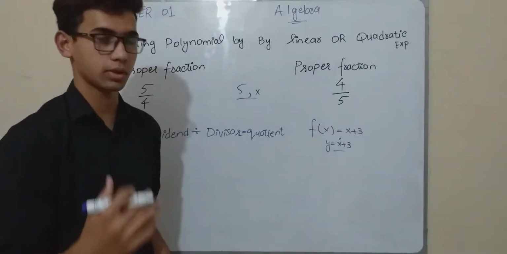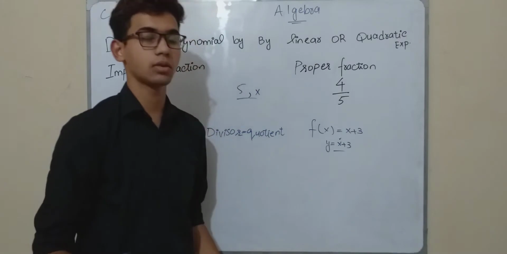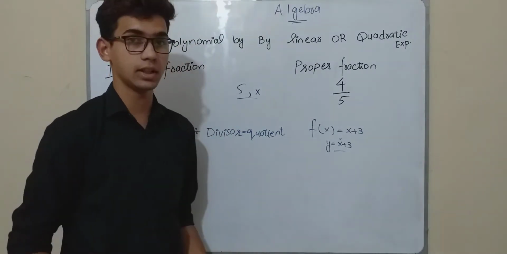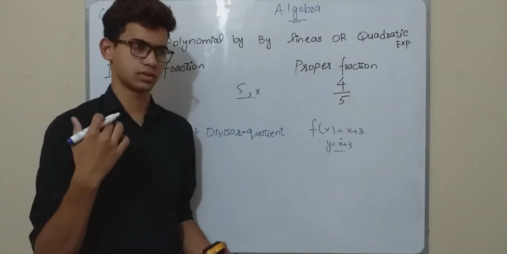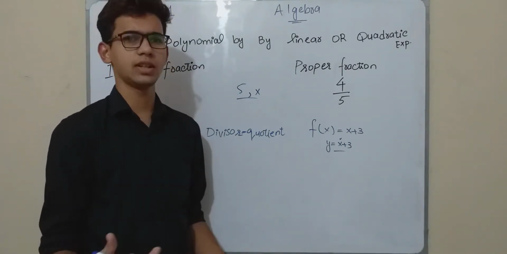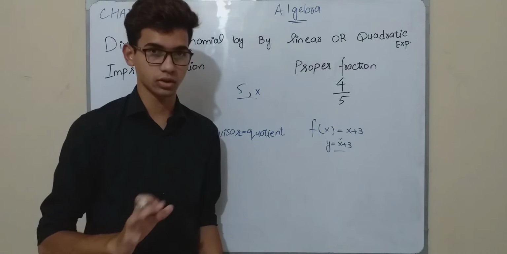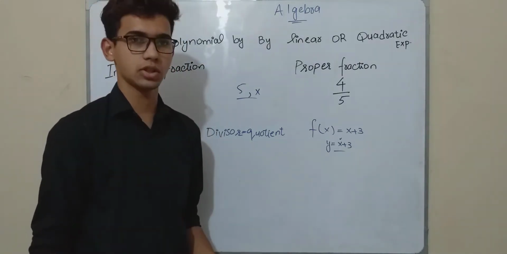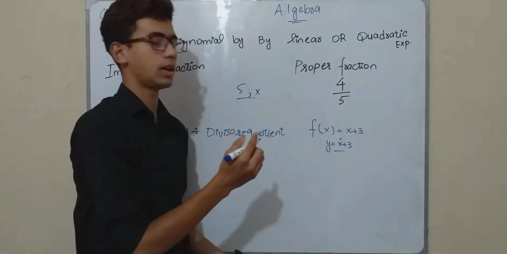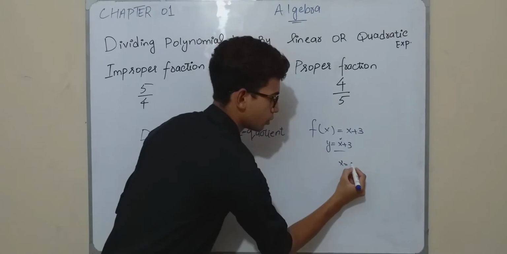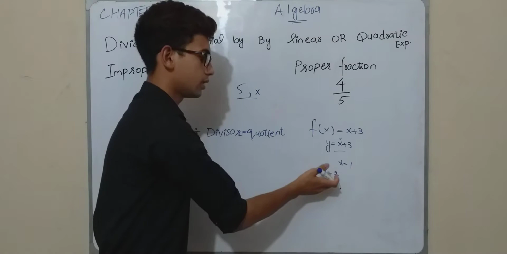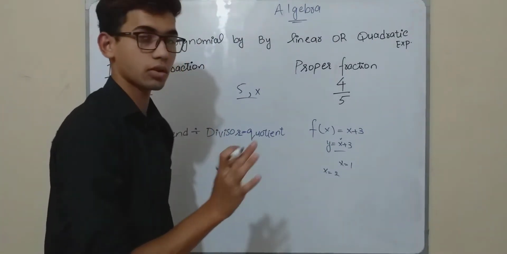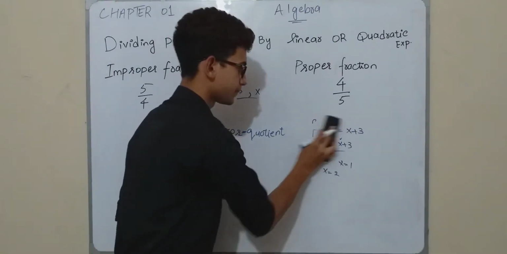But the value of x or y will change because they are the variables. It means variables are those numbers, those quantities which are changeable, which are not constants. If I take the value of x equal to 1 here, I can take the value of x equal to 2, and this changes the value of y. But the constant will not change. It means 3.